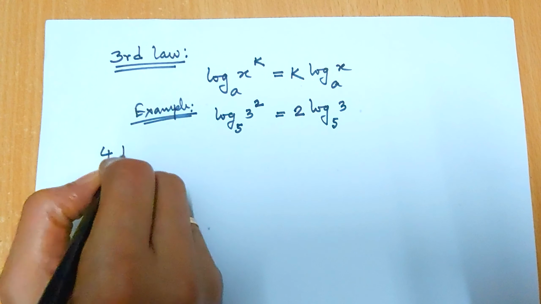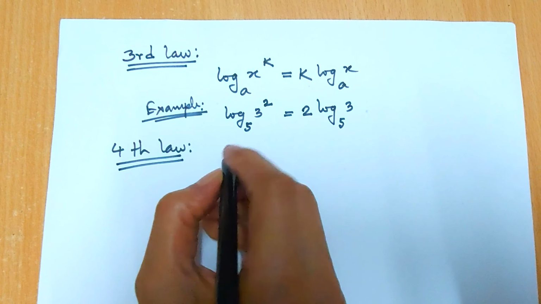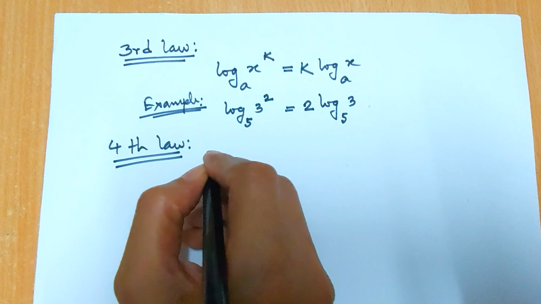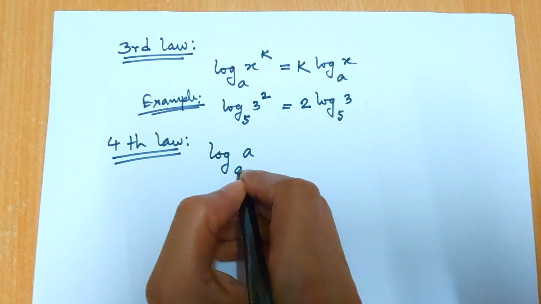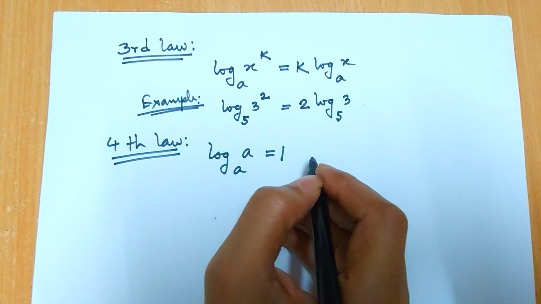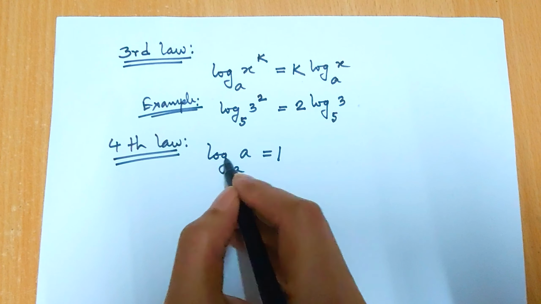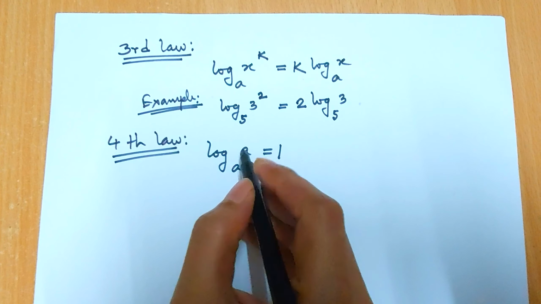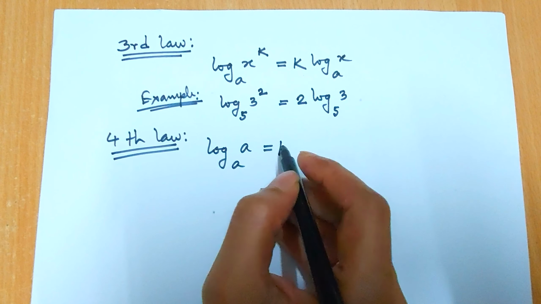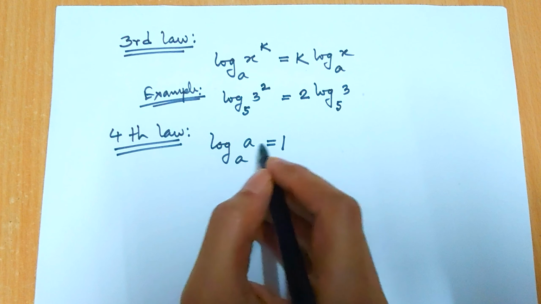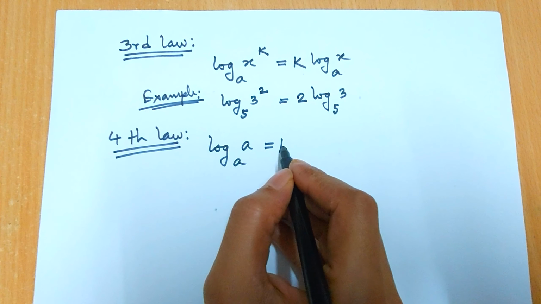And the fourth law, now it's time for the fourth law. The fourth law is quite interesting, log of a to the base a equal to 1. That means when the number and the base of the log are the same, they will be cancelled and will be equal to 1, because we know in exponential rule a to the power 1 equal to a.